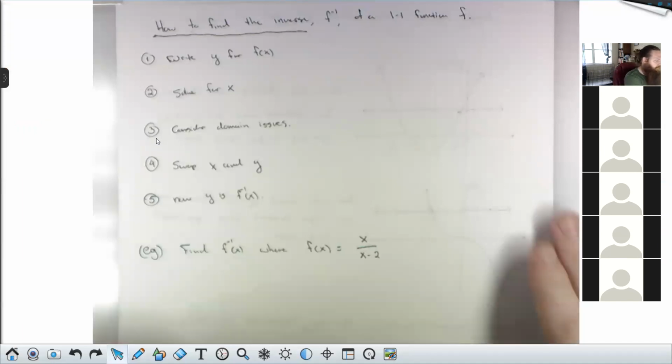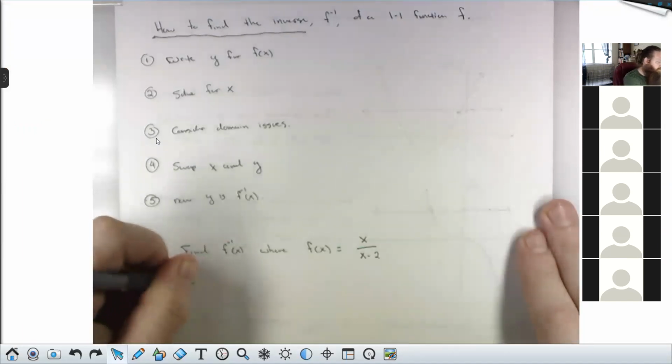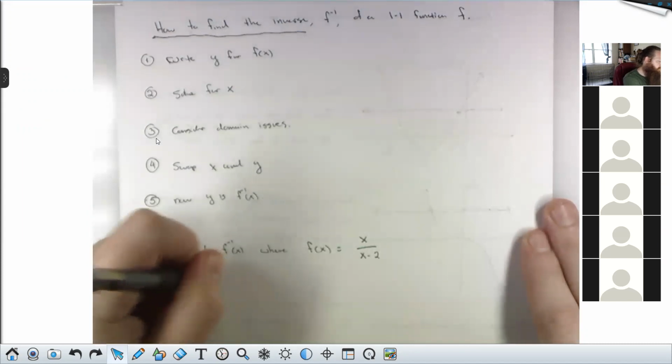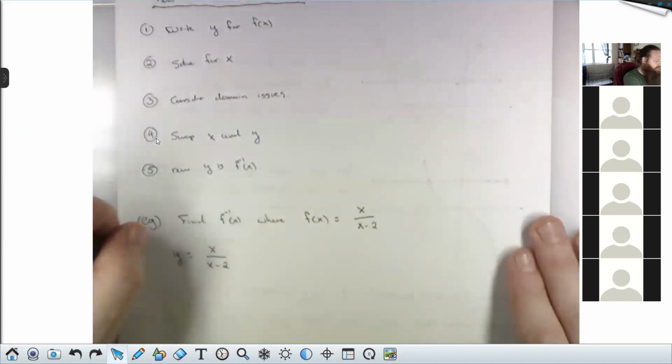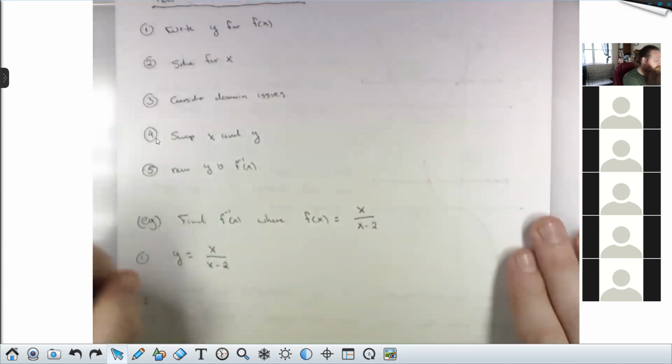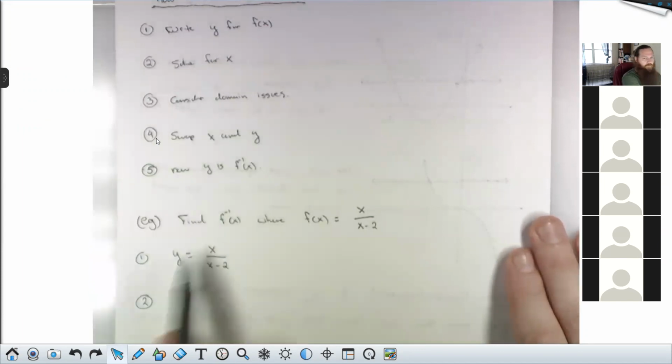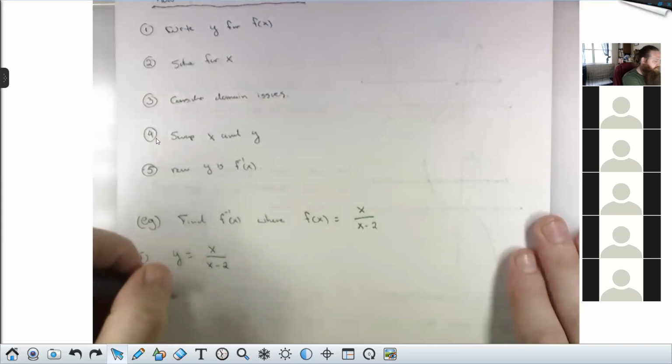So my first step is to write y in place of f of x. My second step is to solve this equation for x. How would I do that?